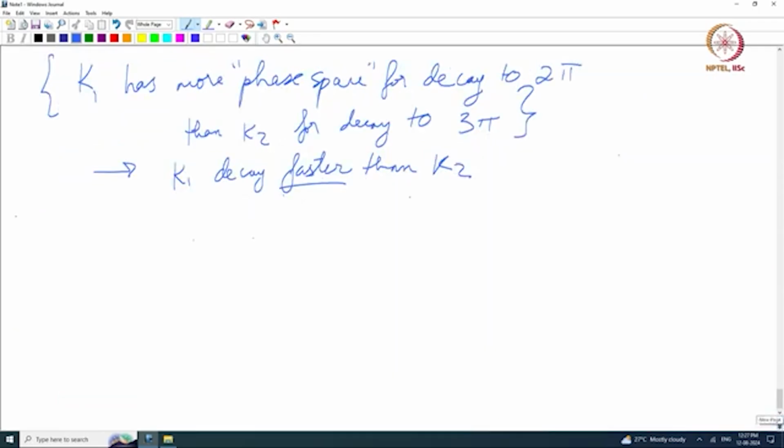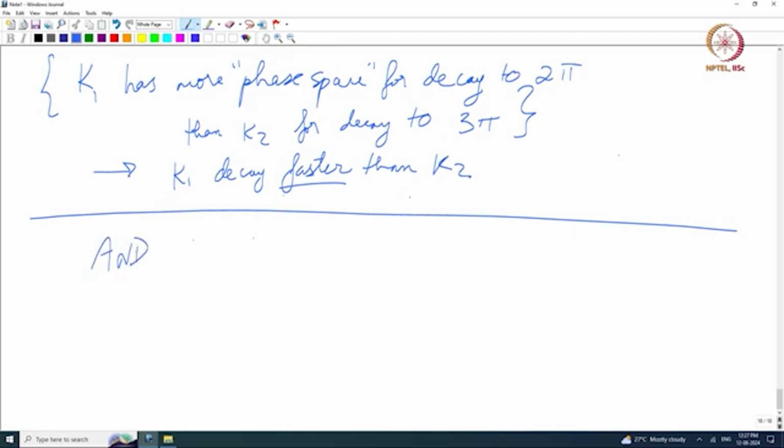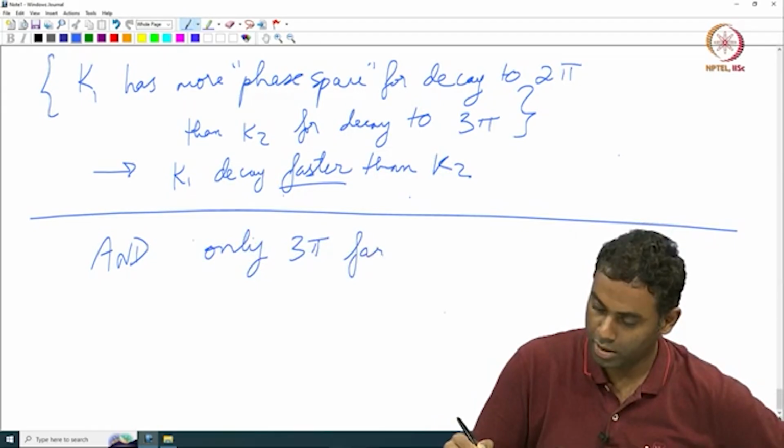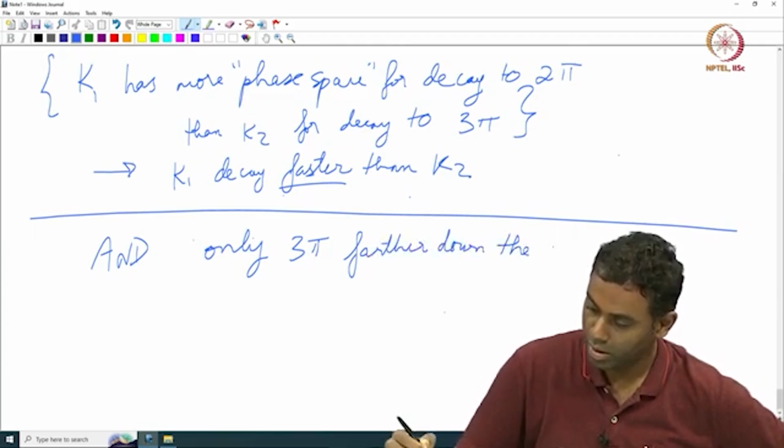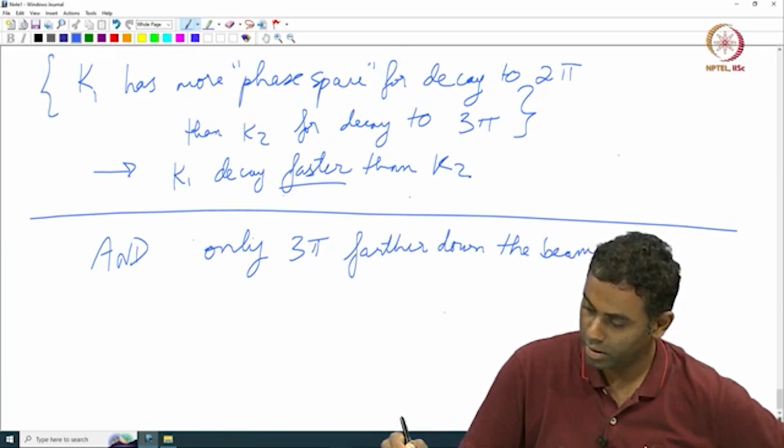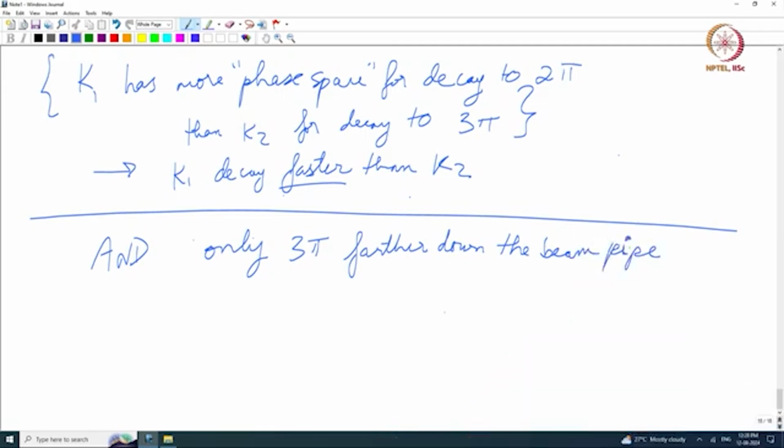And at the same time, I will get only 3 pi farther down the beam pipe. Basically, K0s, think of them as roughly moving in a straight line. They are not, but farther down where the beam is, you will get 3 pi's coming from the K2s.